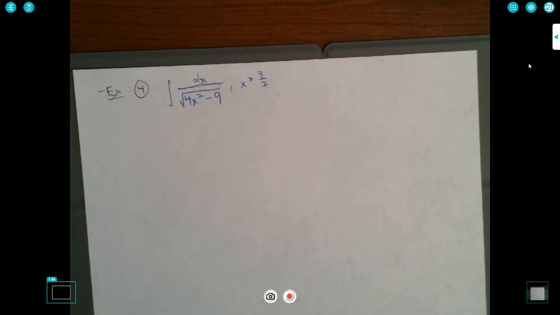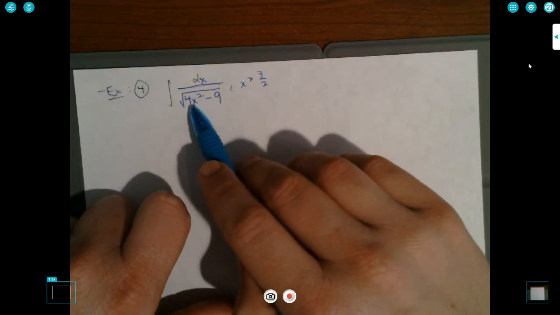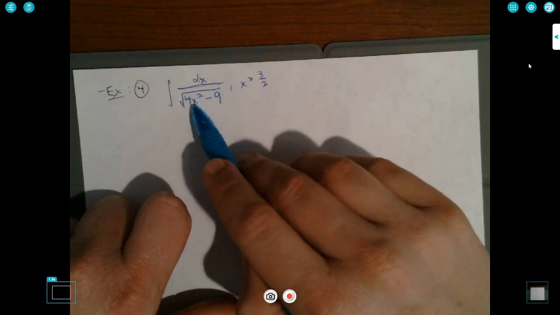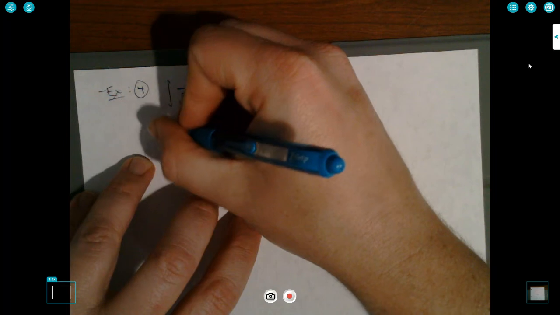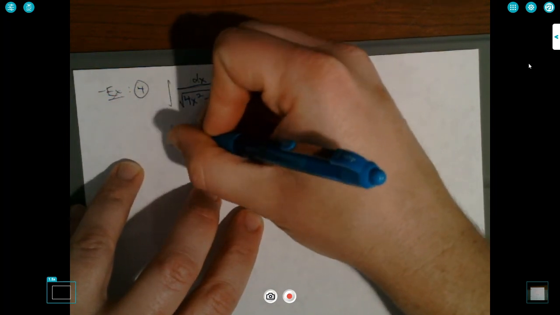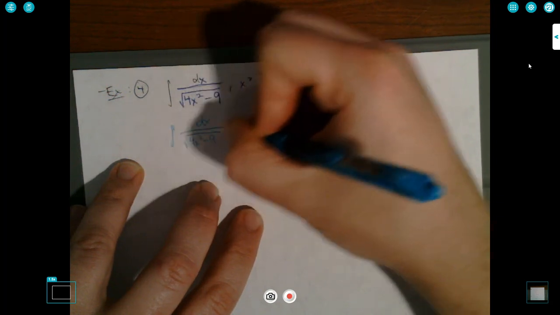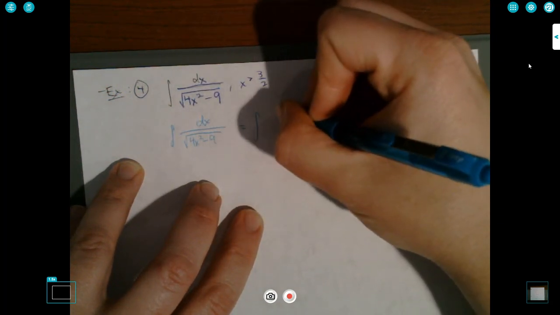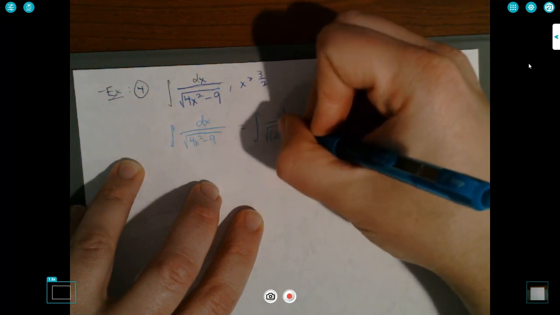so let's see if we can do this. The trick here is to realize that you've got to get this in the form where you've got something squared. For 4x squared, that something is actually 2x, right?